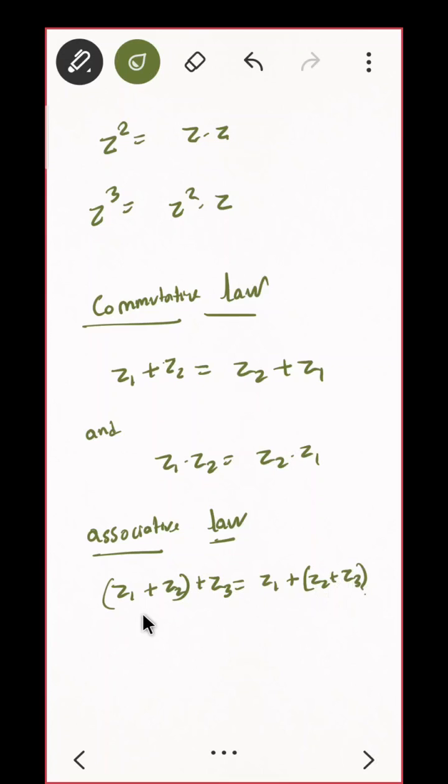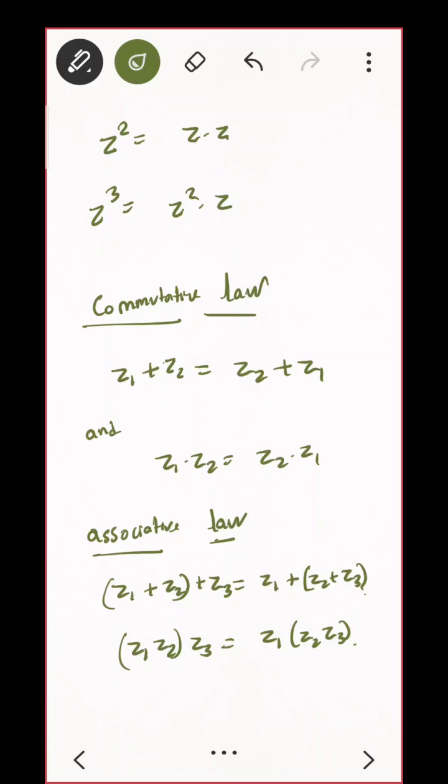Okay, and what is next thing? z1 z2 into z3, bracket exchange, that will be z1 into z2 z3, something like that. This was associative law.